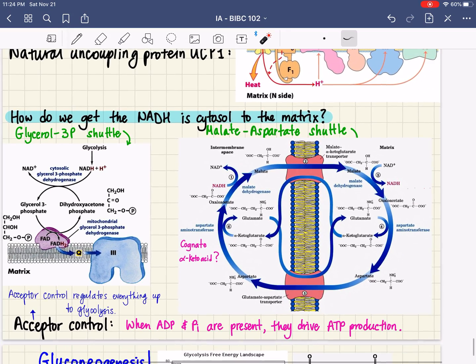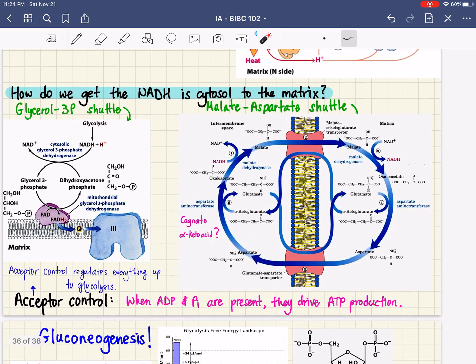Another thing I want to mention before we move on is acceptor control. Acceptor control is when you have a substrate for something, then that substrate drives a reaction. For example, when there is ADP and phosphate abundant, then they drive ATP production.